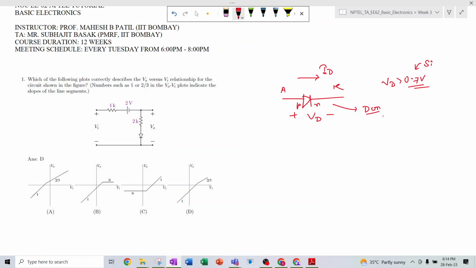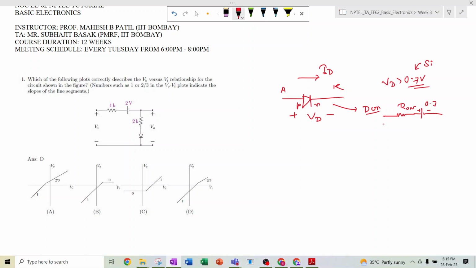And this diode model we can equivalently write as R on, that is the on resistance of the diode, which is very small, and this 0.7 volt will appear. So this is the case.